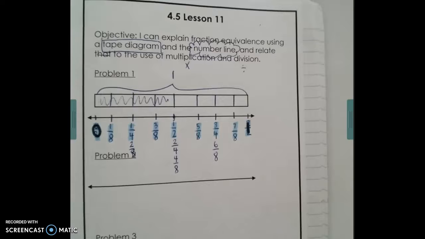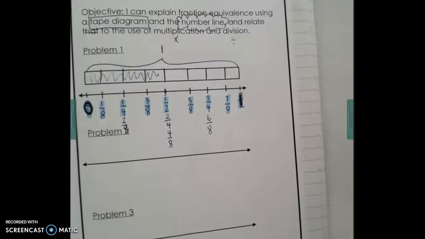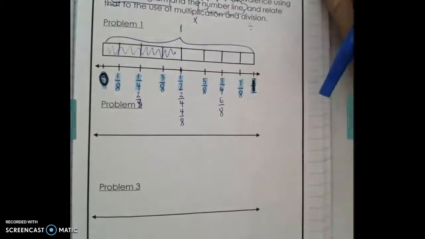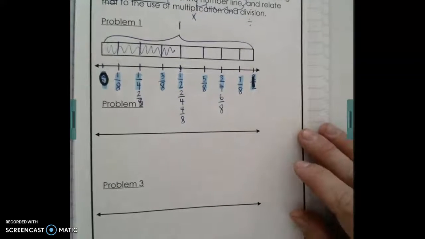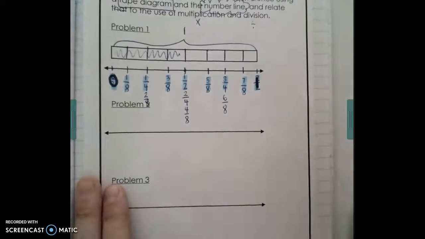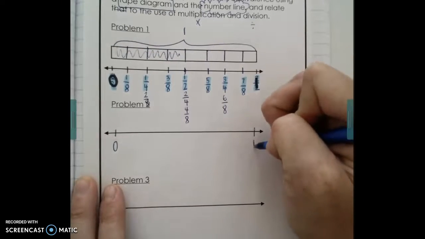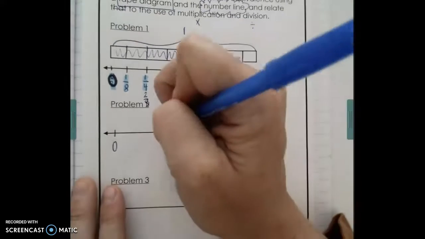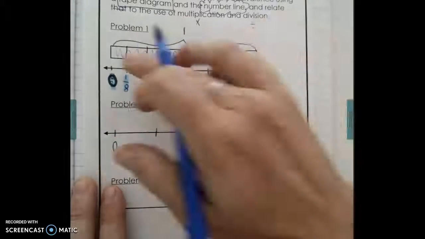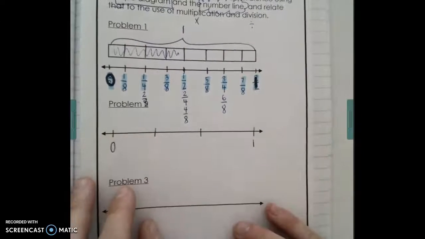All right, let's go down and try it with some other fractions. So for problem 2, we're going to take our number line and we're going to divide it into thirds. So I'm going to start with my 0 over here, my 1 over here, and I'm going to split this up into 3 parts. Just like how we do in the tape diagram, we're doing it on a number line.